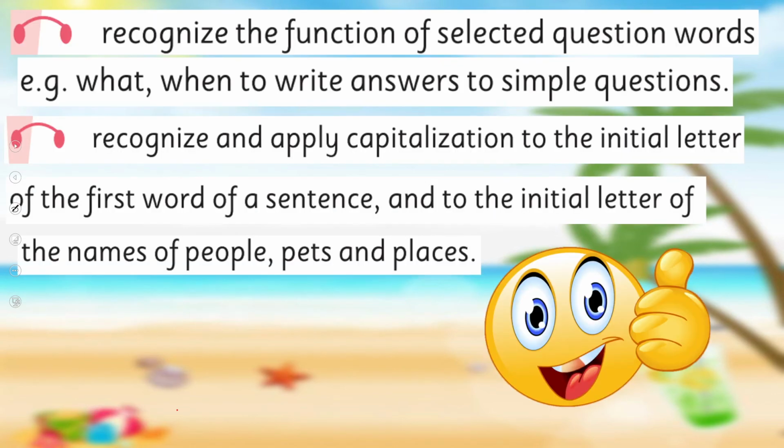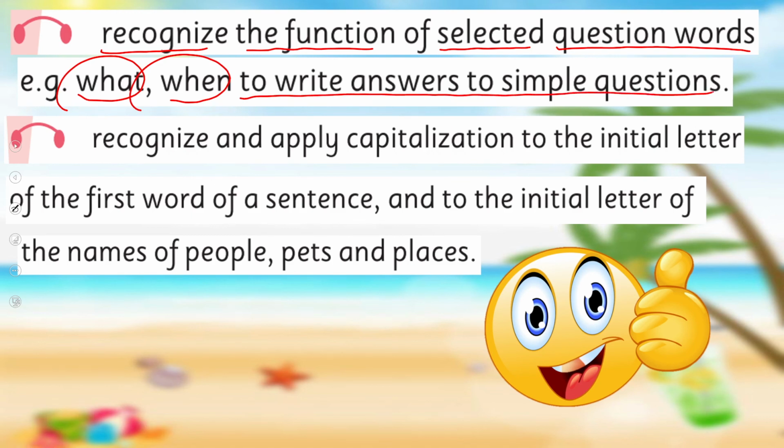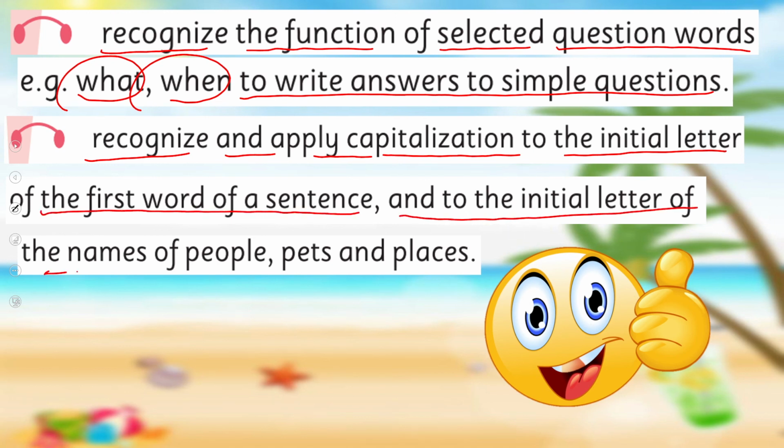So we achieved our SLOs to recognize the function of selected question words, for example, what and when, to write answers to simple questions. Recognize and apply capitalization to the initial letter of the first word of a sentence and the initial letter of the names of people, pets, and places.